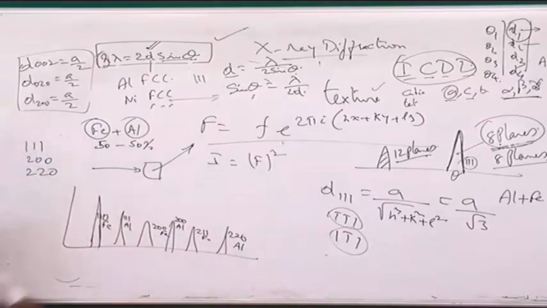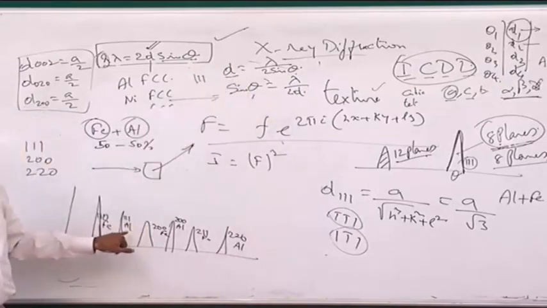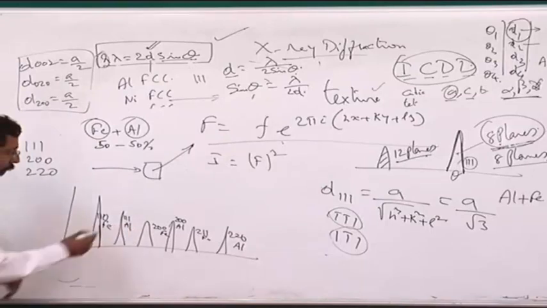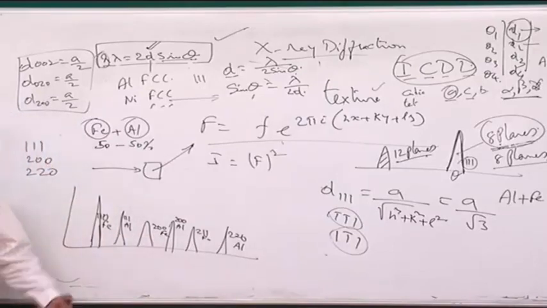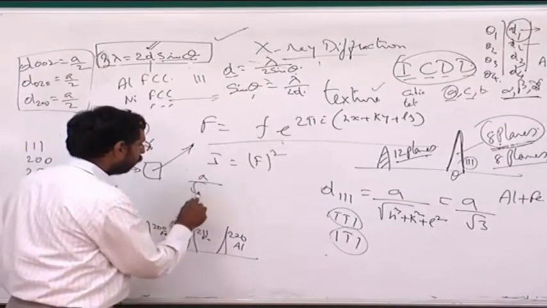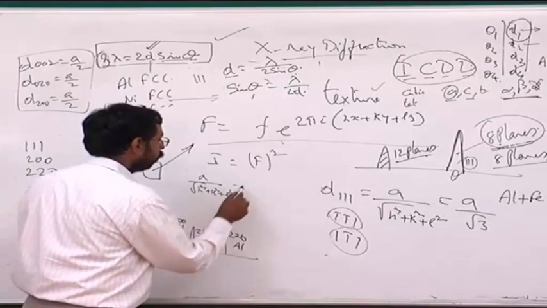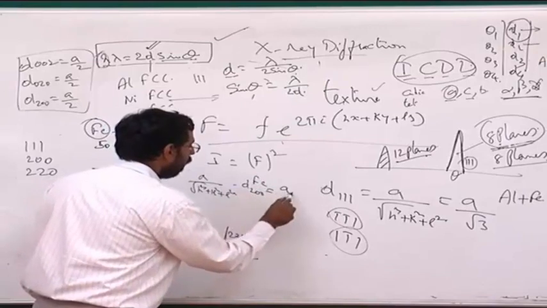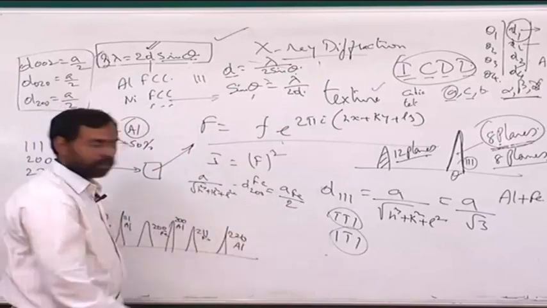It depends on the lattice parameters, because D is A by square root h square plus k square plus l square. So it is possible that sometimes this 200 peak of iron may overlap with the 111 peak of aluminum, if their lattice parameters are such that, for example, D of 200 of iron is equal to A of iron divided by square root of 2 square plus 0 square plus 0 square.